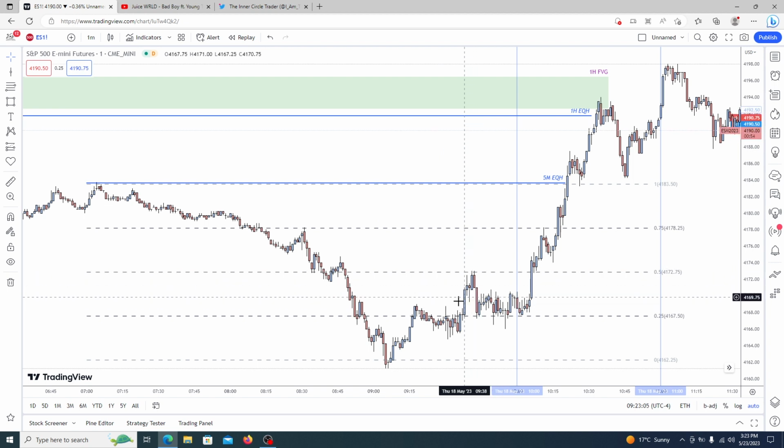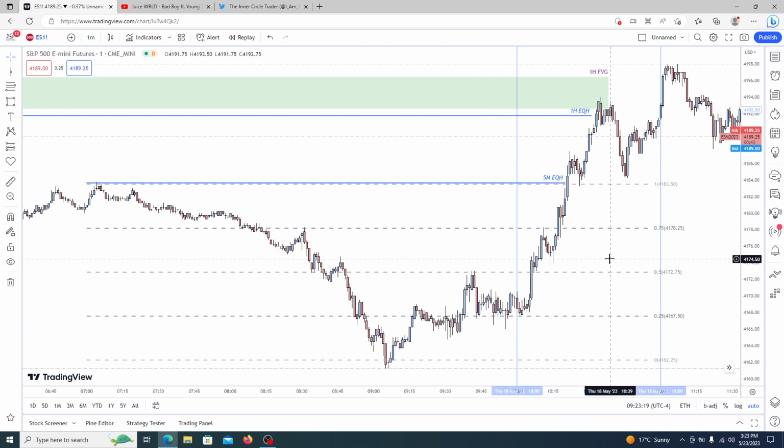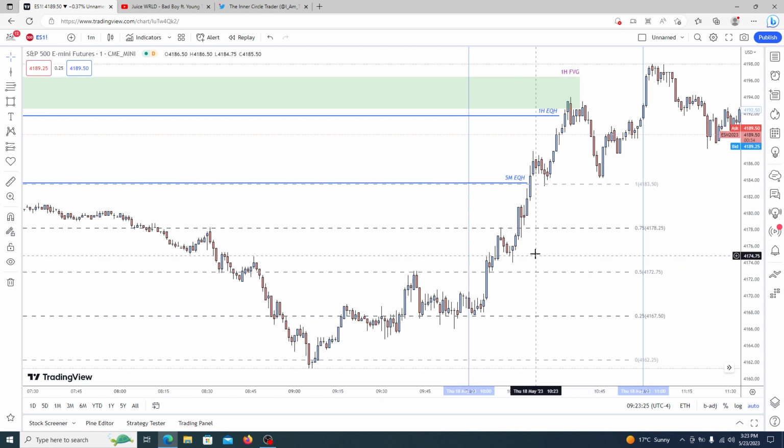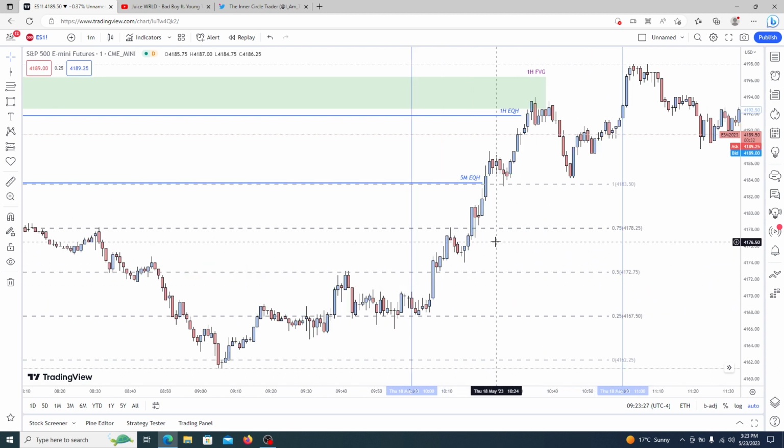And then we had this fair value gap, and this order block down here. Price consolidated around this area, respected that, and then rallied up higher, giving us multiple aggressive market structure shifts. Note that we also took out this liquidity resting down there. So that's all confirmations that will add up, and they will give us a more solid trading idea.